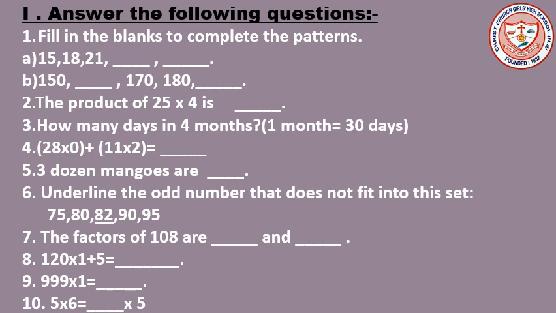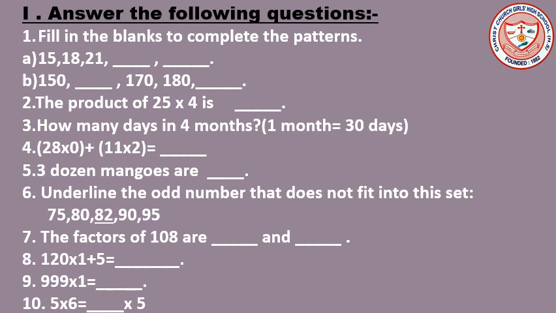Right? So you can see that the difference between 15 and 18 is 3. Likewise, the difference between 18 and 21 is also 3. That means either we can add 3 with the last number, or we can recall the table of 3.